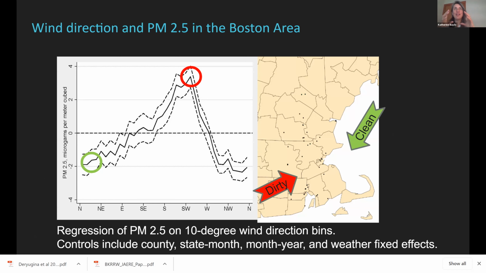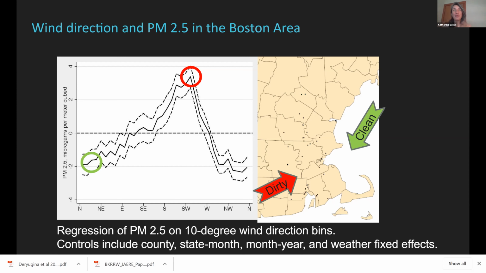They're using a spatial clustering algorithm to lump the monitors into geographic segments where those pollution monitors tend to move together. Then in each of those areas, they try to estimate pollution outcomes from wind direction and wind speed and a bunch of other controls.